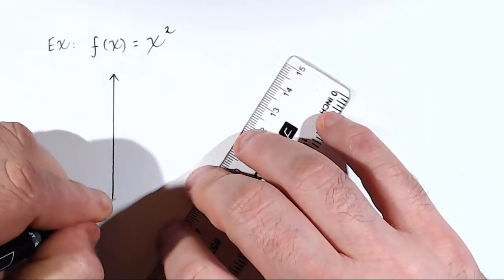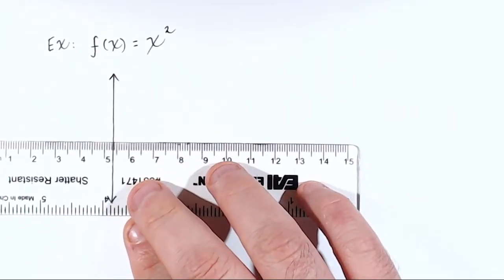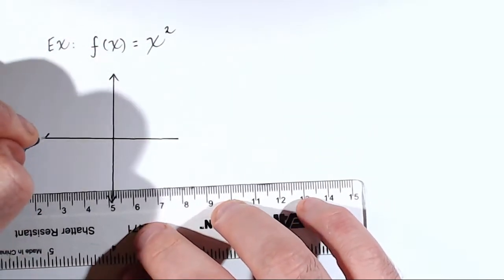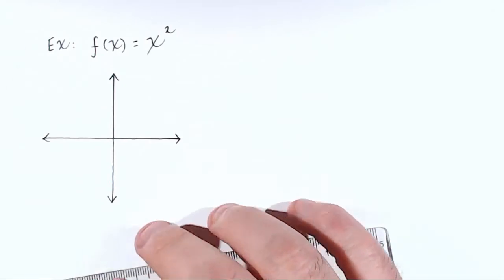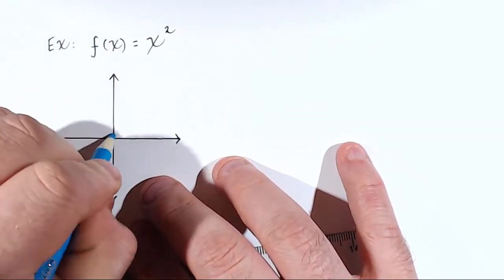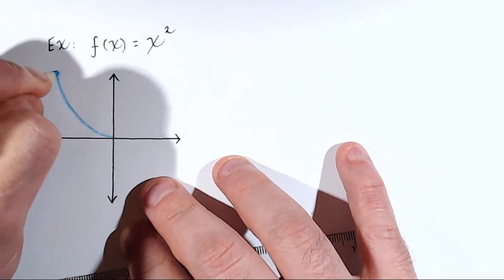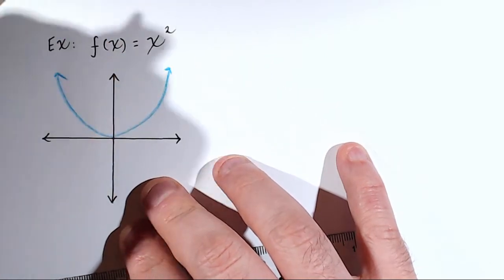Okay, if we graph that function, just a sketch, this is what it looks like. Starts at the origin point and it goes up to the left like this and to the right about like that.